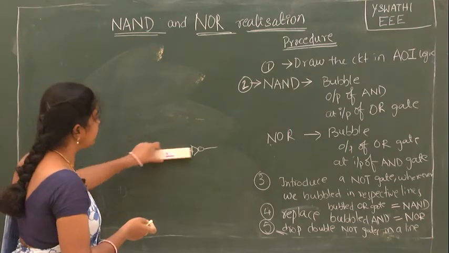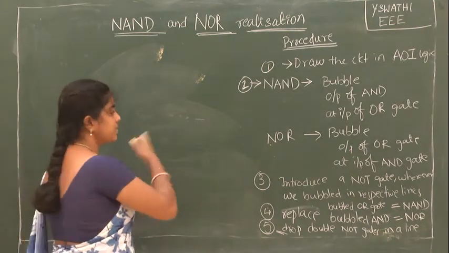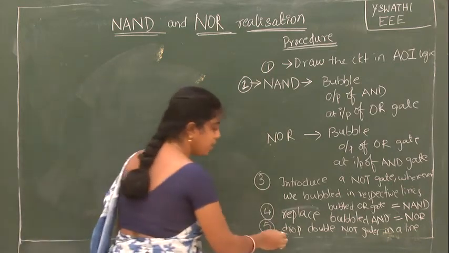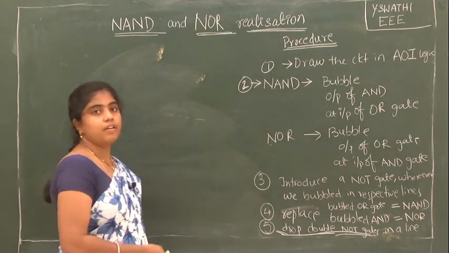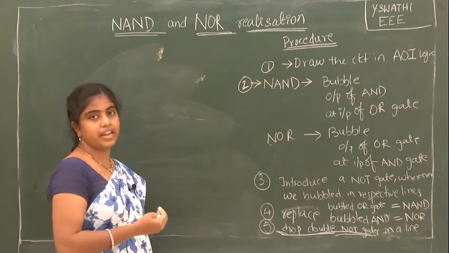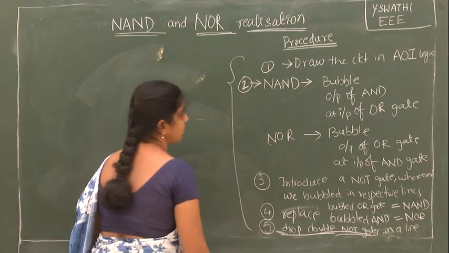So dropping these two inverters doesn't change the system's functionality. That's why dropping the double NOT gates in a line will reduce our gates. So this is the procedure of NAND or NOR gate realization.